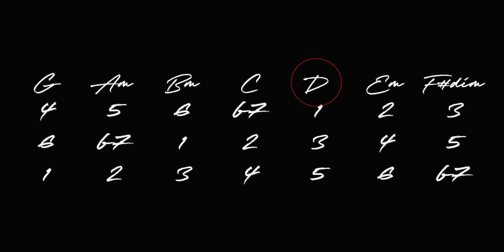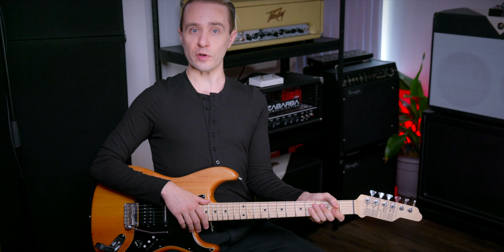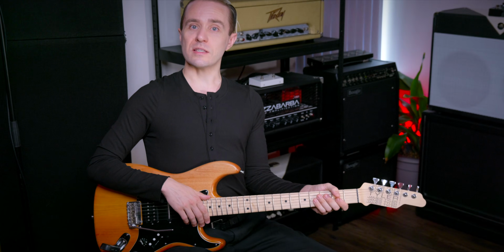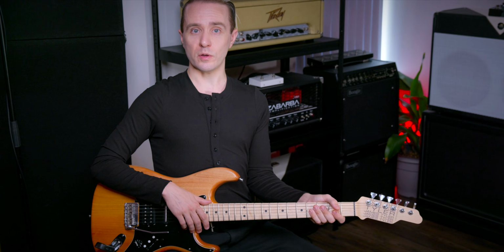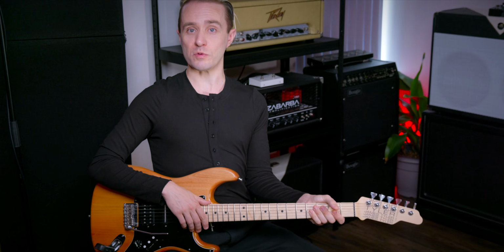Starting at D, you'll notice every other chord extends the original triad by a further third. D gives us 1, 3, 5. F sharp diminished gives us 3, 5, flat 7. And A minor gives us 5, flat 7, 9, or 2. In other words, the triads constructed from each chord tone of the chord you are playing over yield the most consonant results.